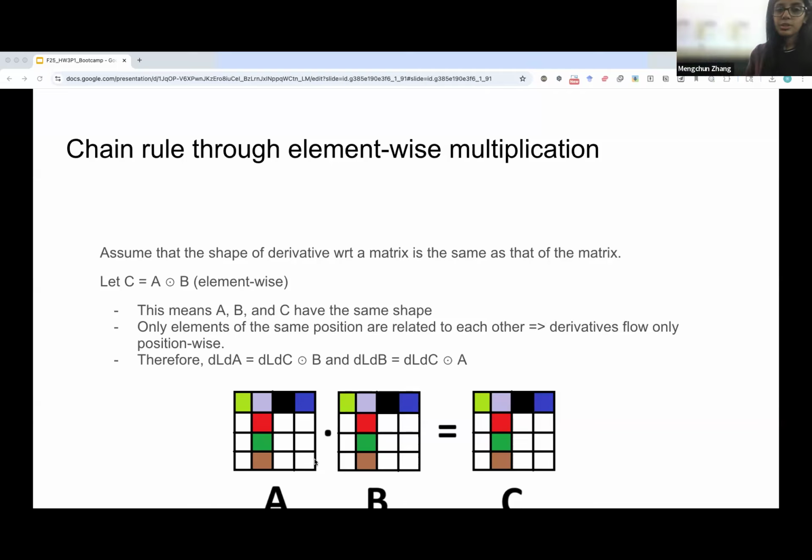Note that the element colored yellow here in the C matrix is only affected by the elements in the corresponding positions of A and B. So the computation would be very simple for this. You don't have to compute everything at once.